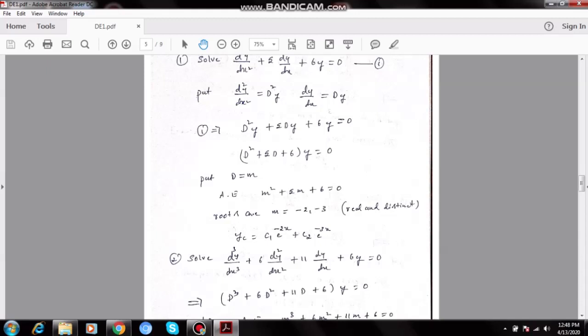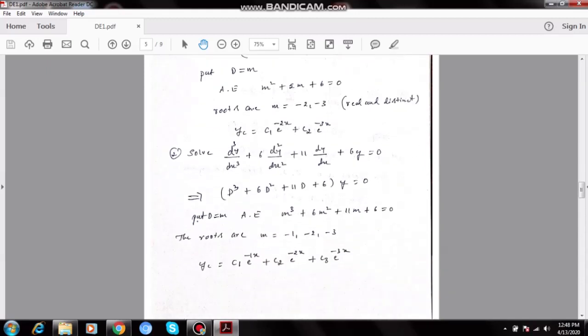I'll take up a third order differential equation, d cube y by dx cube plus 6 d square y by dx square plus 11 dy by dx plus 6y is equals to 0. D cube means I'll write capital D cube, 6 into this will be capital D square, 11D plus 6, into y. So put D is equals to m. The auxiliary equation will be m cube plus 6m square plus 11m plus 6 is equals to 0.